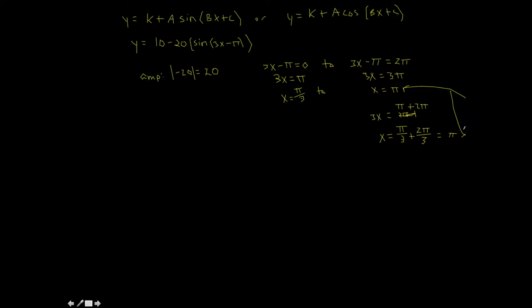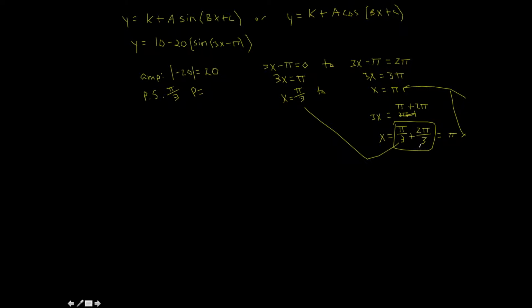Okay, now why did I leave it separate like this? Remember, I told you this earlier. This first part right here tells you the phase shift. So we know that our phase shift is pi over 3. We know that our period here is this.